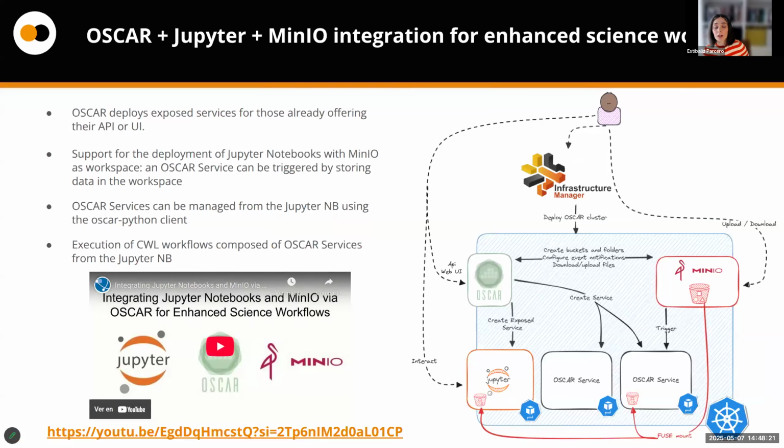We also managed to deploy Jupyter notebooks and perform some MinIO integration in them, so you can easily create an exposed service, so you can access from your OSCAR cluster to this Jupyter notebook, and this Jupyter notebook is going to mount the MinIO bucket, so you can trigger services that can also be deployed from your Jupyter notebook.